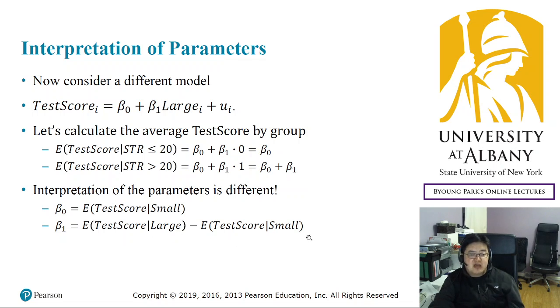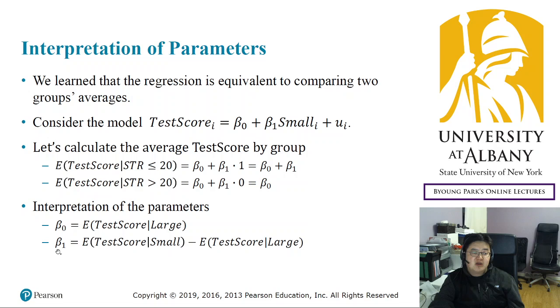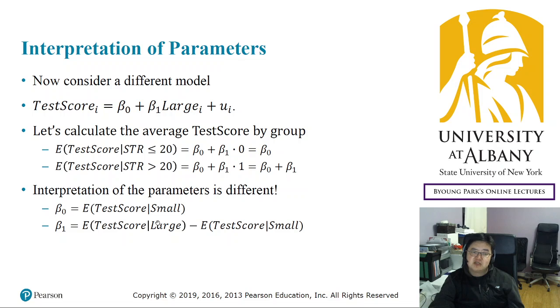Now you subtract small from large, which is the opposite of the previous one. In the earlier model, beta 1 is defined as the difference between these two where you subtract large from small. But now, small from large.